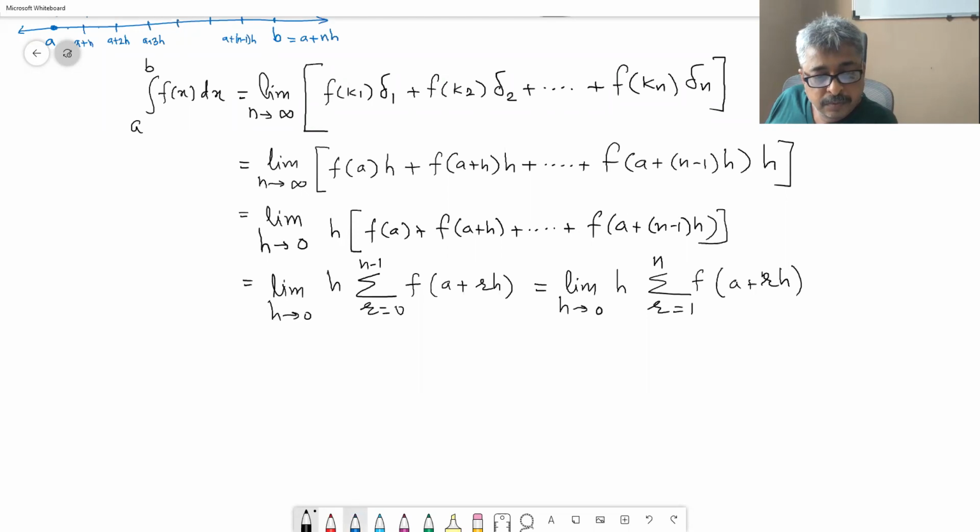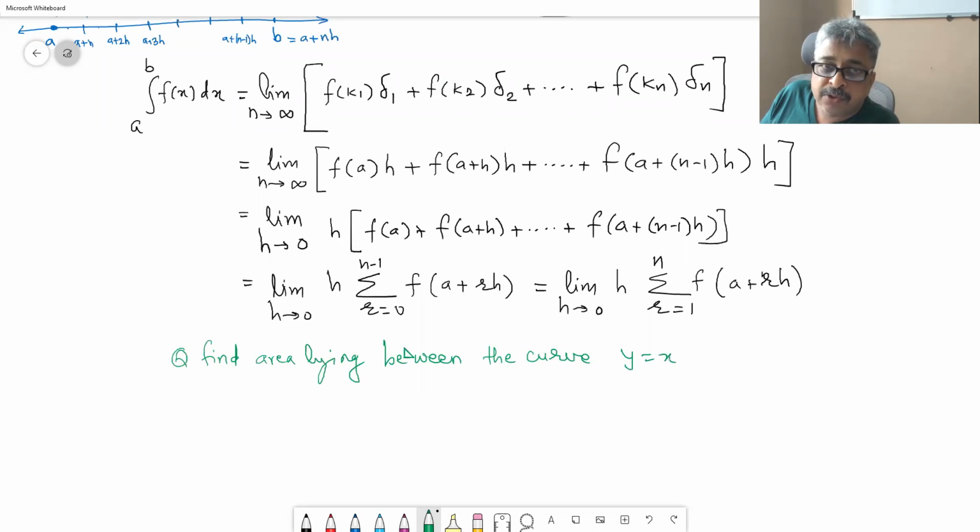So question: find the area lying between the curve y is equal to x square, y is equal to 0, x is equal to 1, x is equal to 3, using limit of sum.